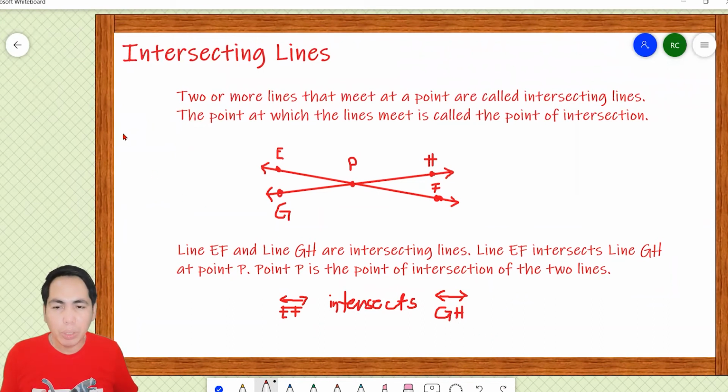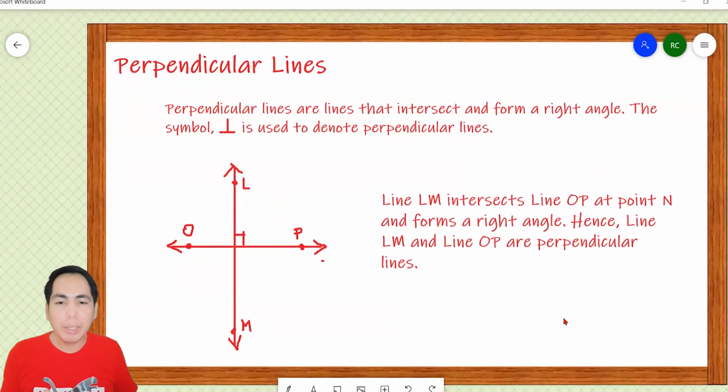Now, how about perpendicular lines? Perpendicular lines are lines that intersect and form a right angle. The symbol, a vertical line that meets a horizontal line, is used to denote perpendicular lines.